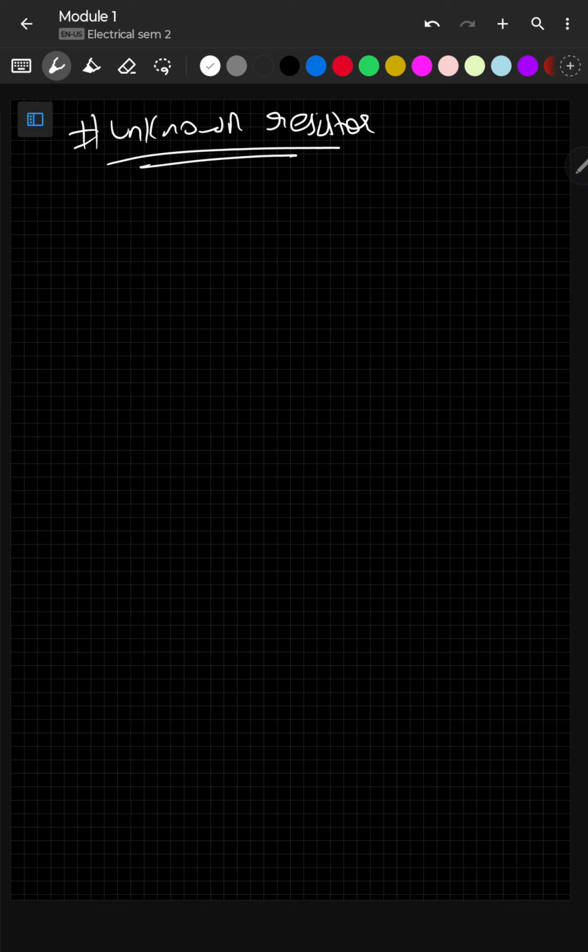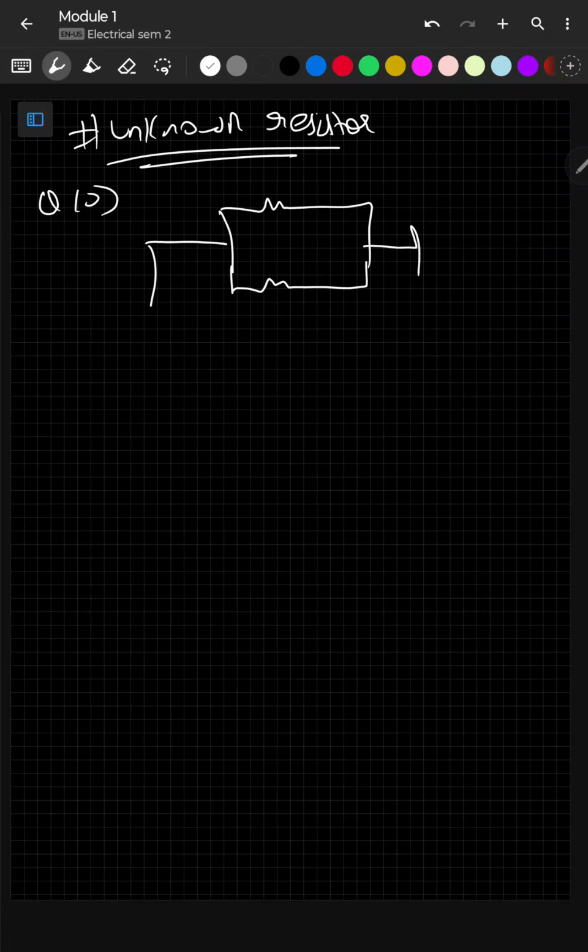So here, what will be done is there will be some hint given in this question. I will show you with the question itself. So question number 10, this is going to be. You can see the question. Unknown resistor means you have to find the value of the resistors whose value is not given.